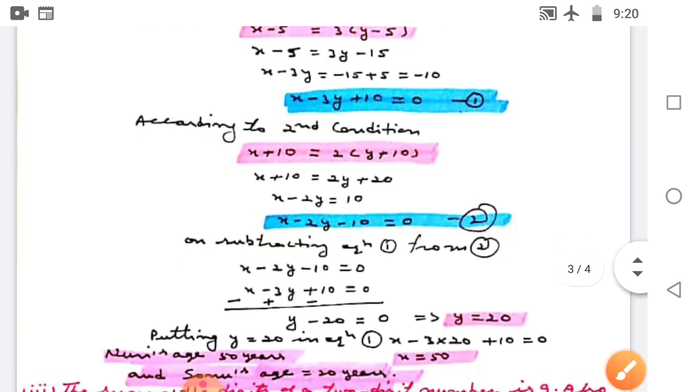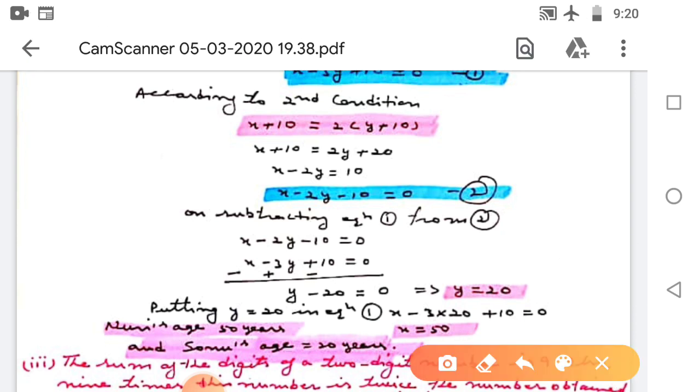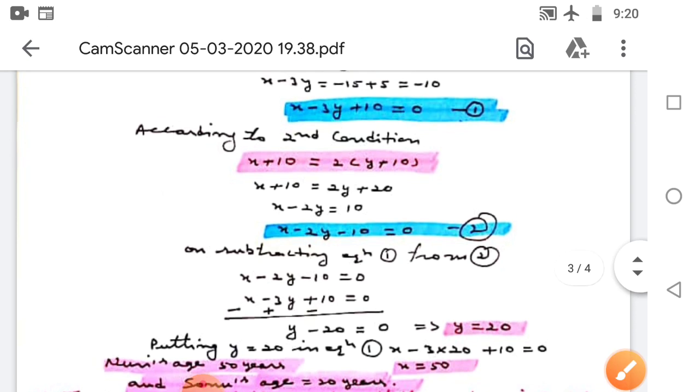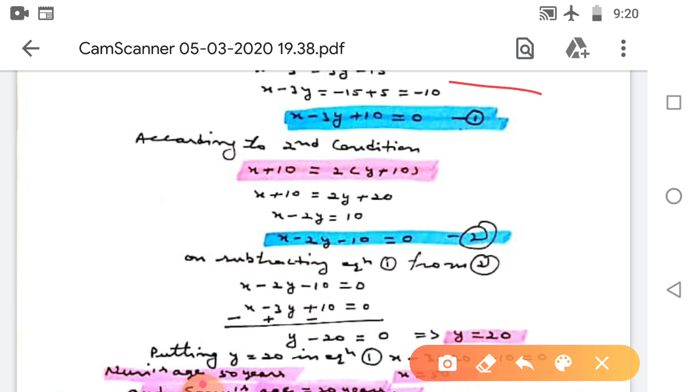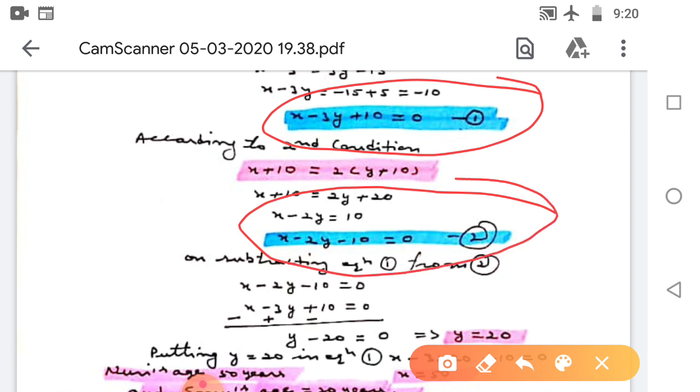So we have two equations. First equation, x minus 3y plus 10 is equal to 0, and second equation is x minus 2y minus 10 is equal to 0. The coefficient of x in the first equation is 1 and the coefficient of x in the second equation is 1.